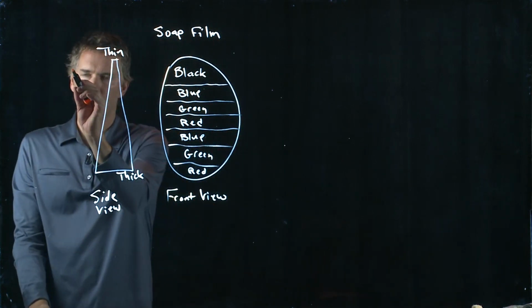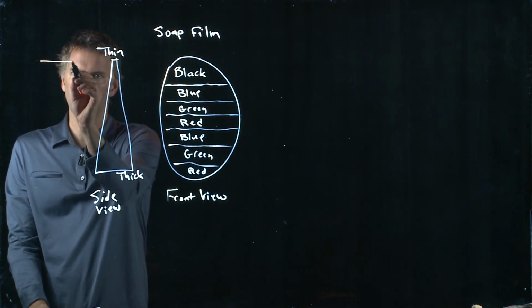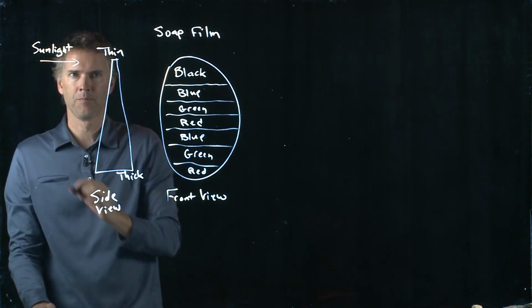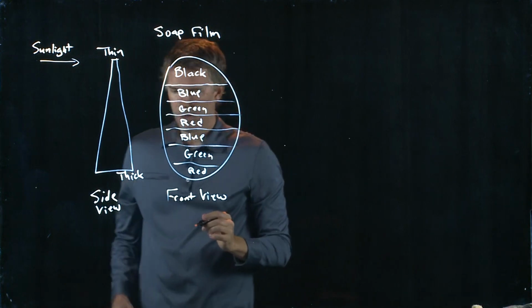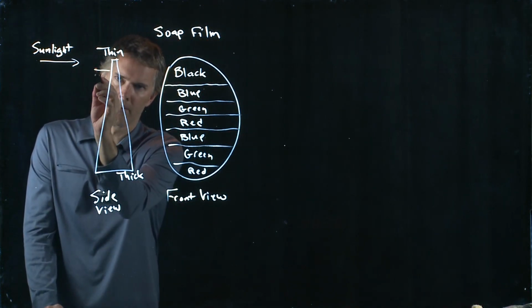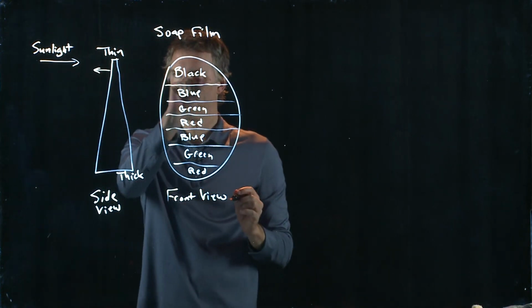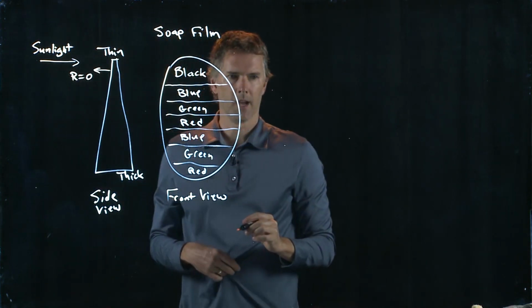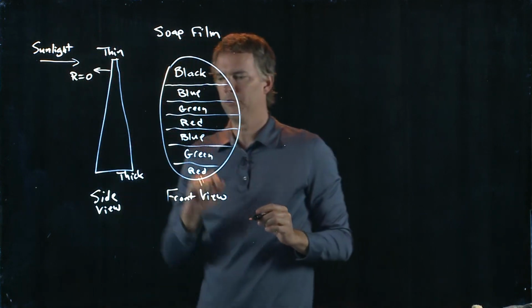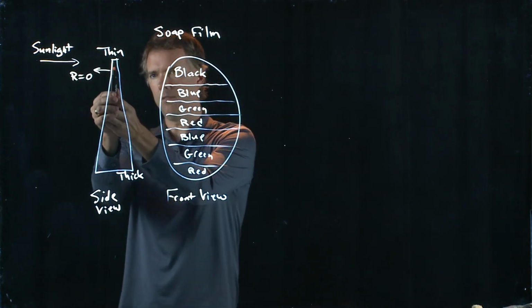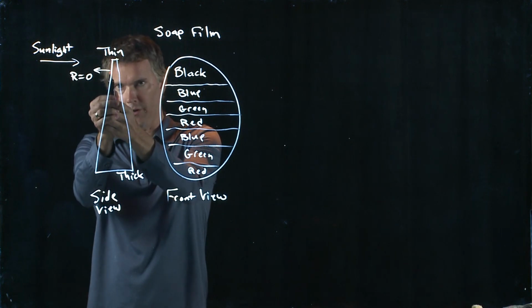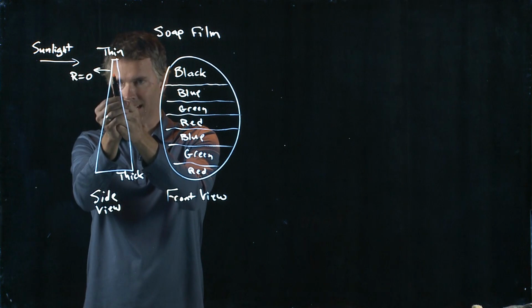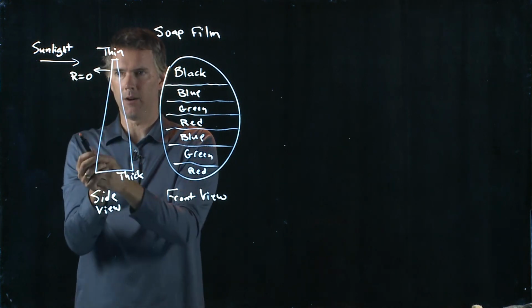Okay, so if I think about light coming in here, and we have all the colors of the spectrum, sunlight, then what reflects off that first very top part is nothing. Okay, nothing reflects off the top of the soap bubble. And that's because there's a phase shift between the first reflection and the second reflection. And that phase shift means they exactly cancel out.